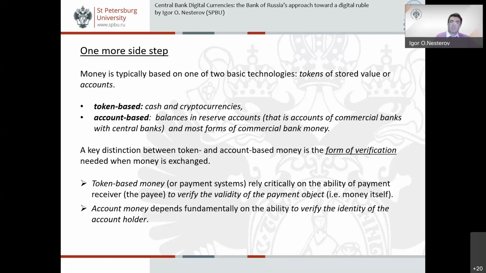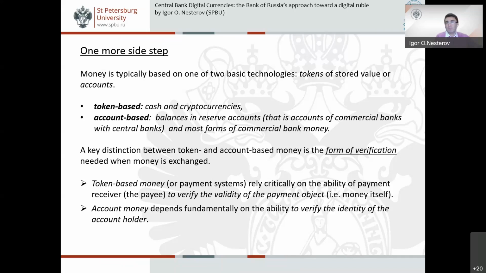So the key distinction between token and account-based money is the form of verification needed when money is exchanged. Token-based money and token-based payment systems rely critically on the ability of the payment receiver to verify the validity of the payment object. In other words, money itself.